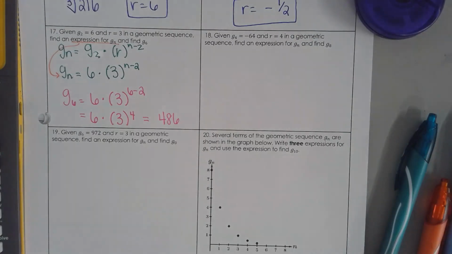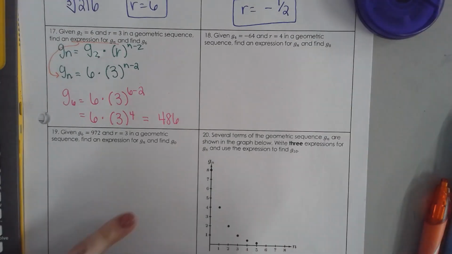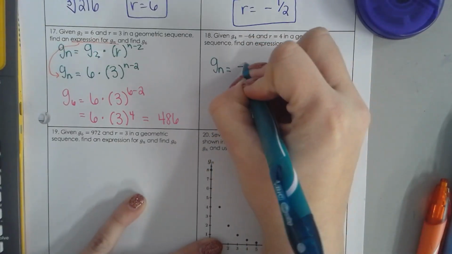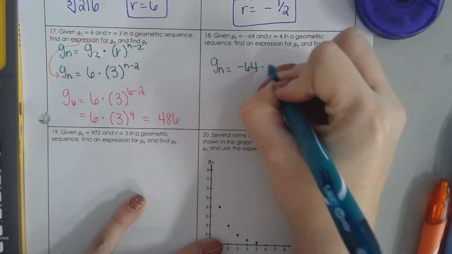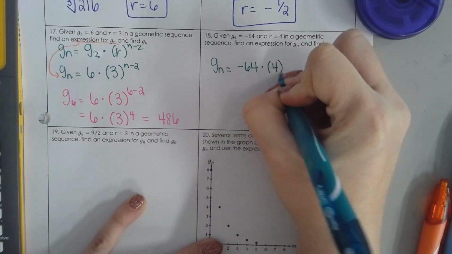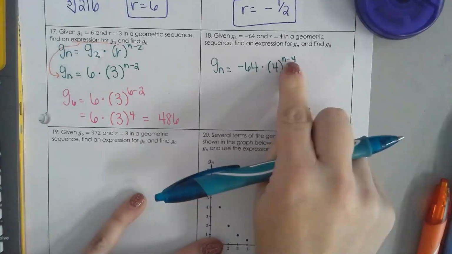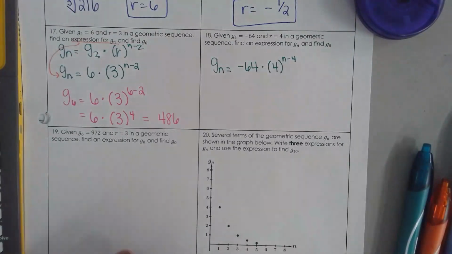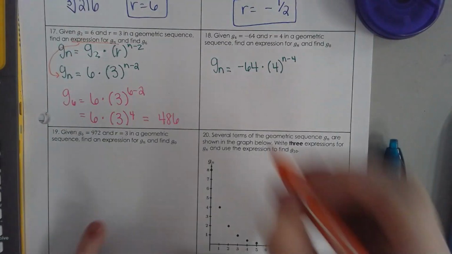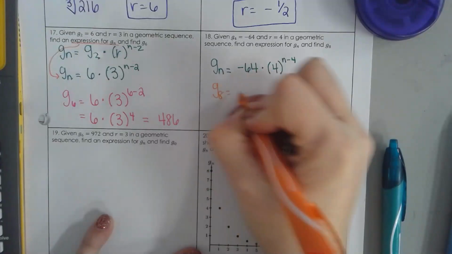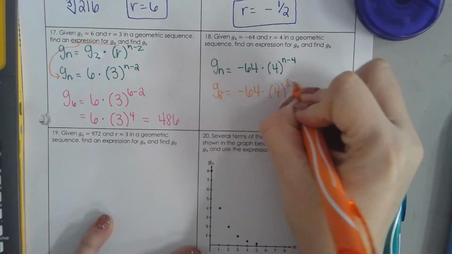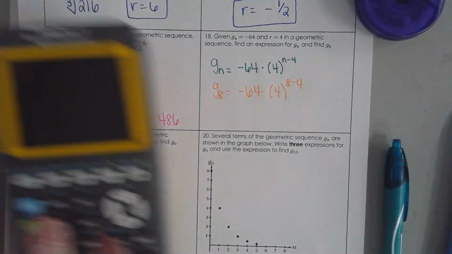All right, if you changed your formula, you would have had Gn equals negative 64 times 4 to the n minus 4 power, because you were given the 4th term. And then you were asked to find G8, and you would have filled in an 8 for n.